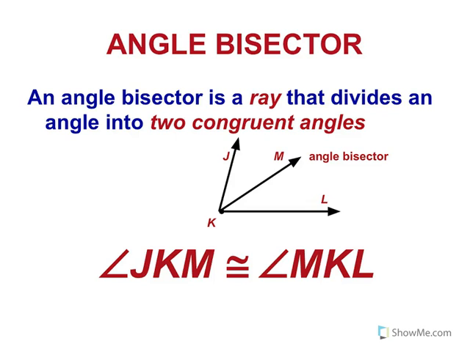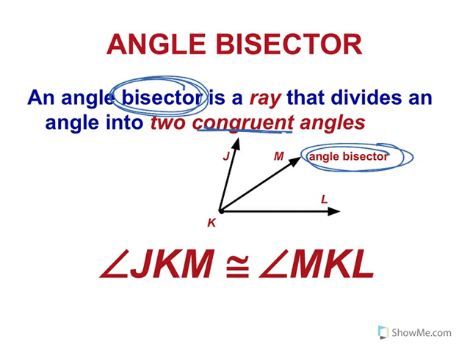So a little bit more vocabulary. An angle bisector is a ray that divides an angle into two congruent angles. Anytime you see the word bisector, you're making two congruent things. This is an angle bisector, so you're making two congruent angles. And the way we mark that is we have these curvy lines in there.